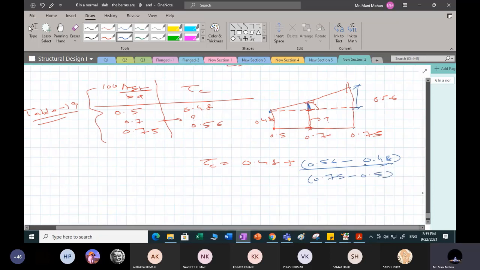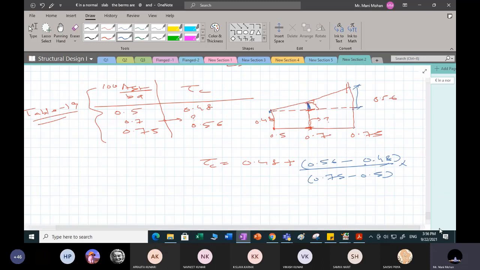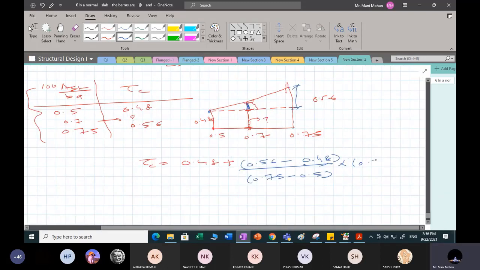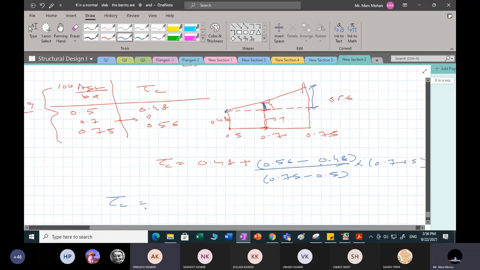This has to be multiplied with this distance, which is 0.7 minus 0.5, just using similar triangles. So how much do you get for tau c? 0.544 Newton per millimeter square.